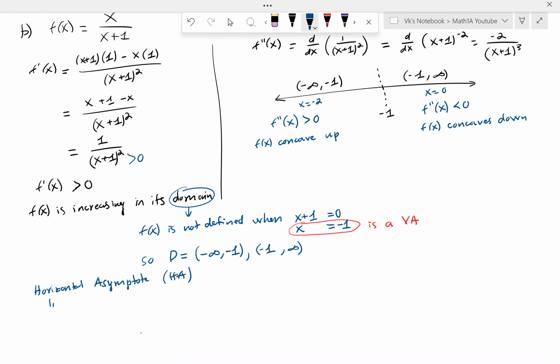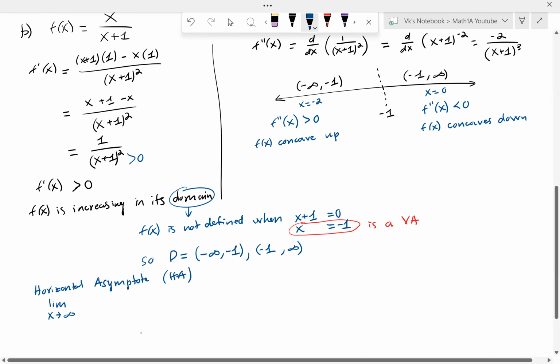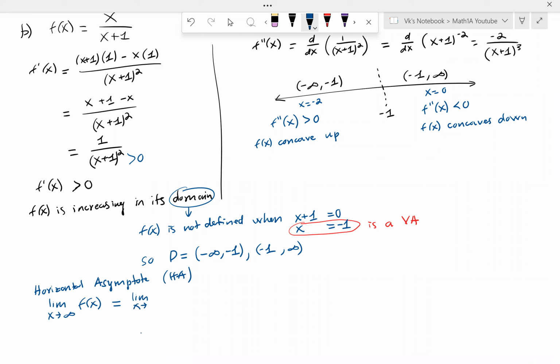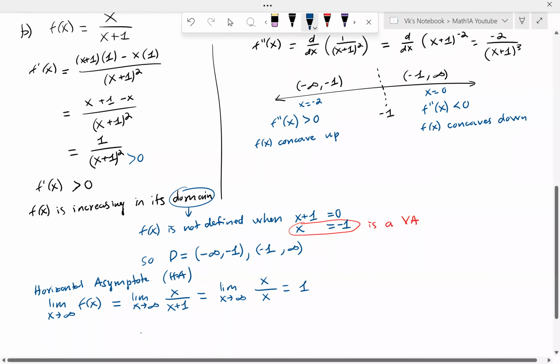HA. To do that one, we have to figure out the limit as x goes to infinity of f(x), and that is the limit as x goes to infinity of x over x plus 1. It's the same as taking the limit of the leading terms. The leading term on the top is x, the leading term on the bottom is x, so that is 1.